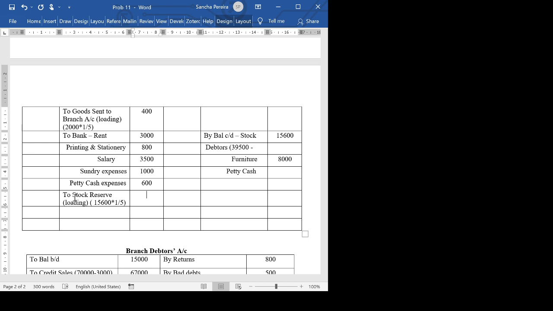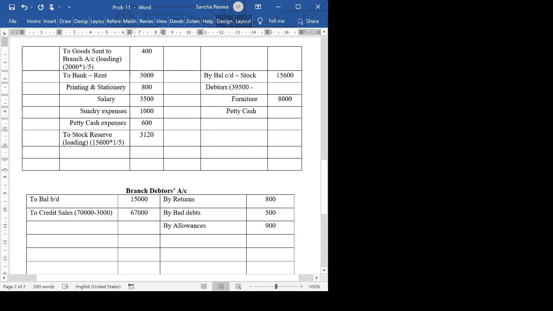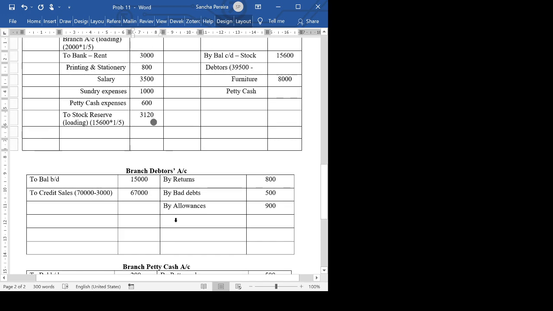So that will be 3 5s are 15, 5 1s are 5, 5 2s are 10, 3120. Okay. Now debtors, we have to write the closing balance here. Leave a line because you'll have to find out that balancing figure. By balance carry down 39,500.